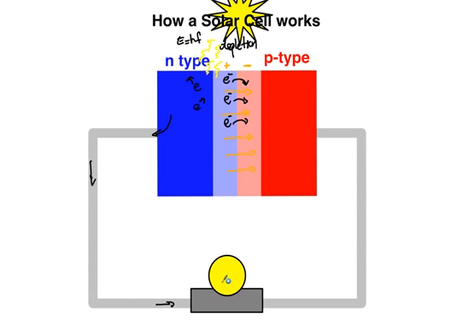In this case, this represents a light bulb, and that light bulb will start working as the current starts to flow through it, because that is what the electrons do. Now, it's a little bit ironic. We've got a solar cell here generating electricity to make a light bulb work, but nonetheless, we're getting a flow, and it's a direct current flow.